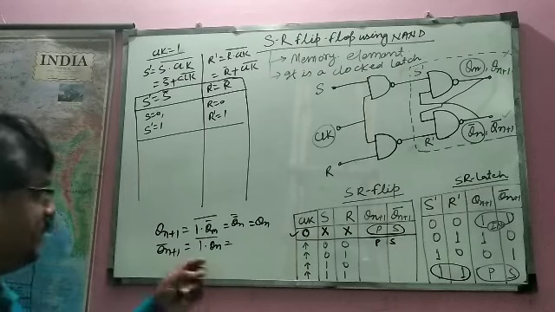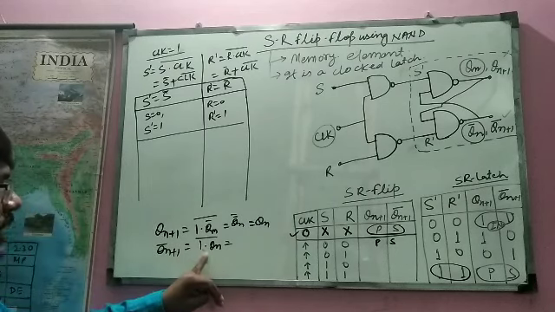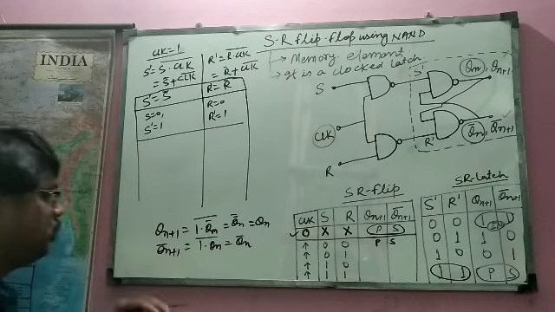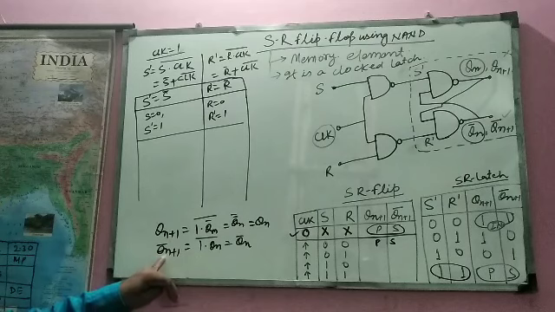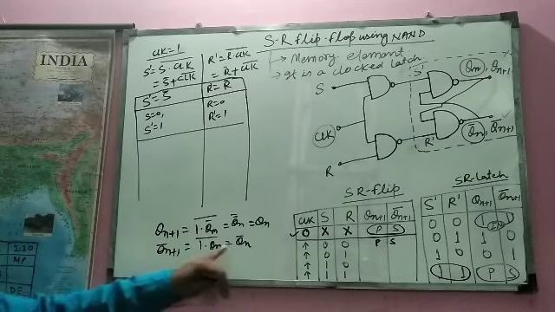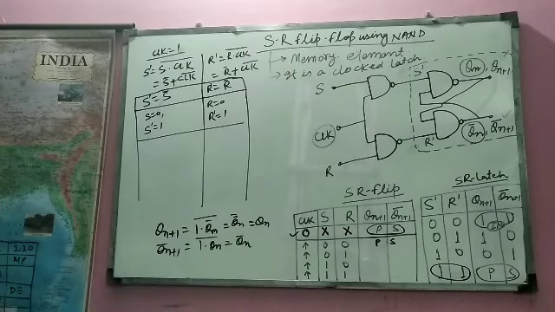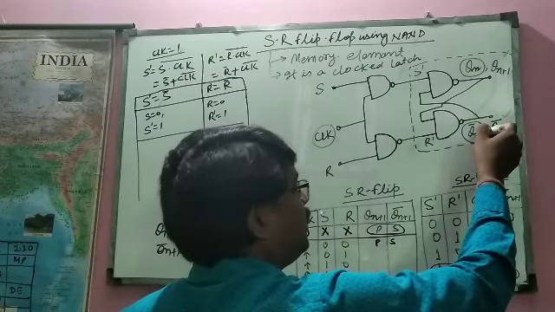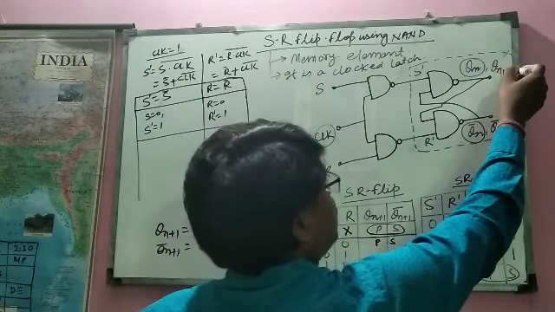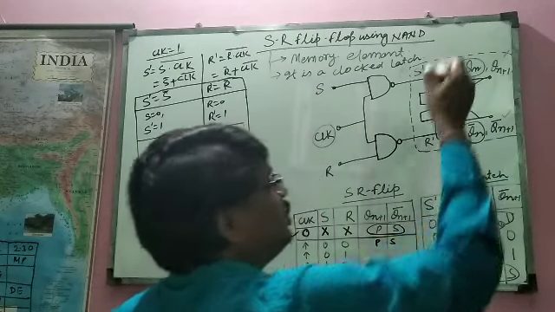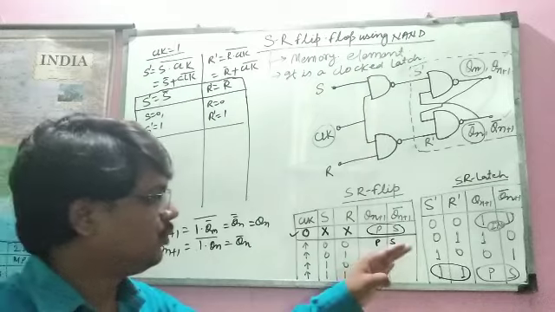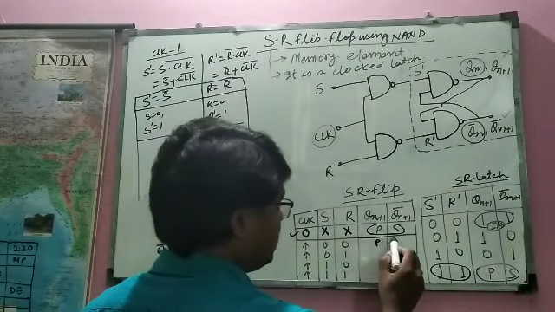So 1 into Qn will be Qn, and bar. So Qn plus 1 bar will be equal to Qn bar, and Qn plus 1 is Qn. So it remains in the previous state.